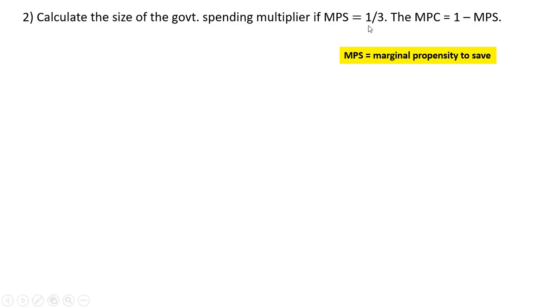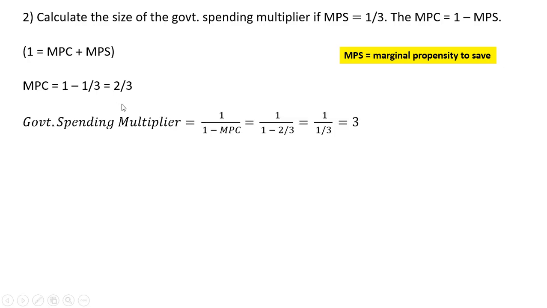In this example, it is 1/3, and that implies that the MPC equals 1 minus the MPS. The MPC plus the MPS has to sum to 1. So if you're saving 1/3 of your next dollar earned, it must imply that you're spending 2/3 of your next dollar earned. So the MPC in this example is 2/3.